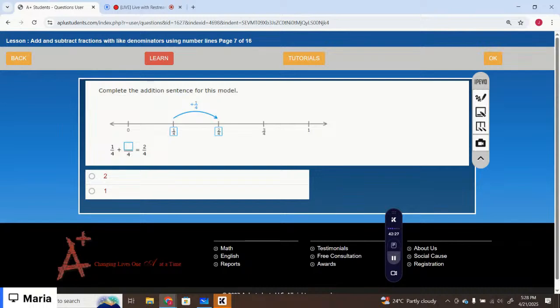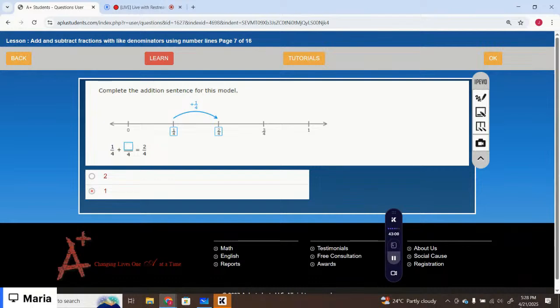Complete the addition sentence for this model. So 1 by 4 plus missing number equals 2 by 4. So which number is it? 1 by 4 plus 1 by 4 equals 2 by 4.